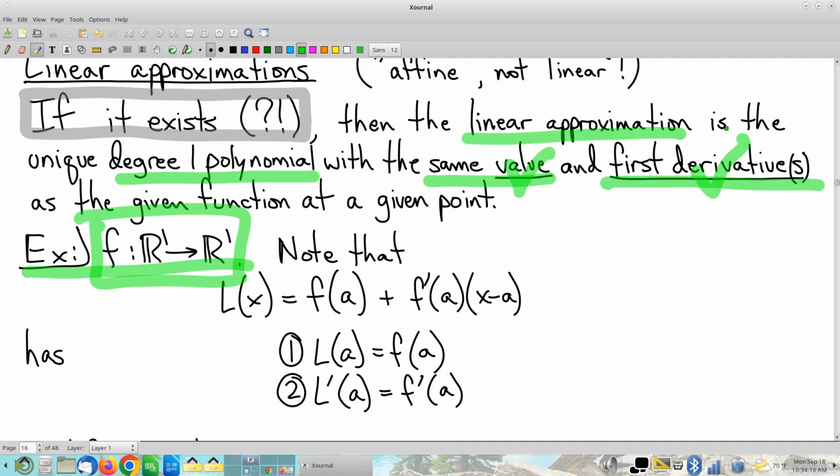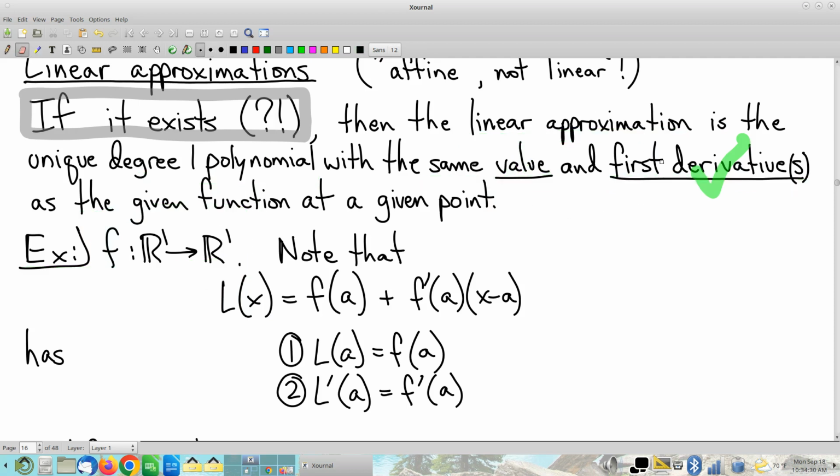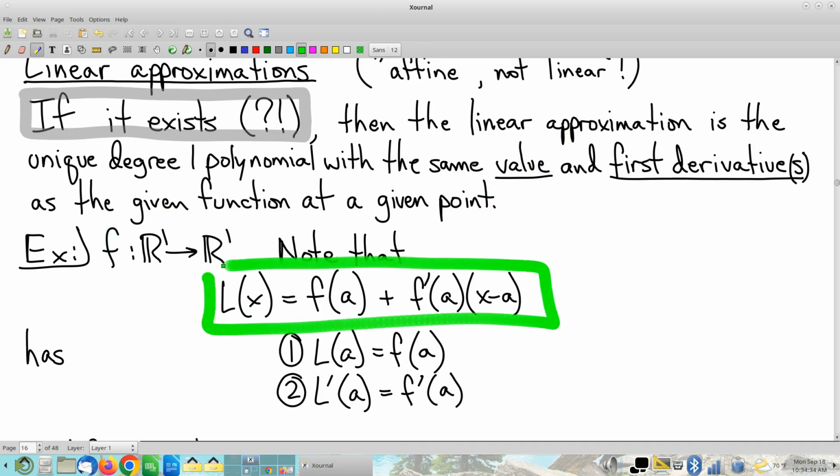So it mimics, it copycats the function that we're trying to approximate, both in terms of the value it takes and the derivative that it has at that given point. And I know y'all have all done your Calc 1 previously, long ago probably, but a reminder that this is the answer in Calc 1. If the linear approximation exists, then that's the formula that we've all seen before, I hope.